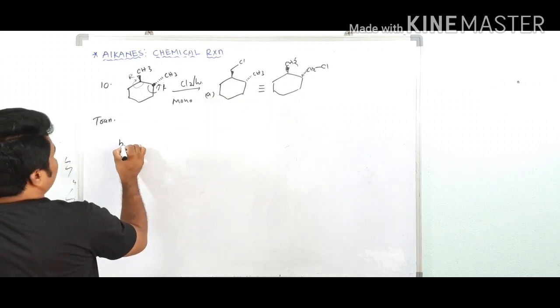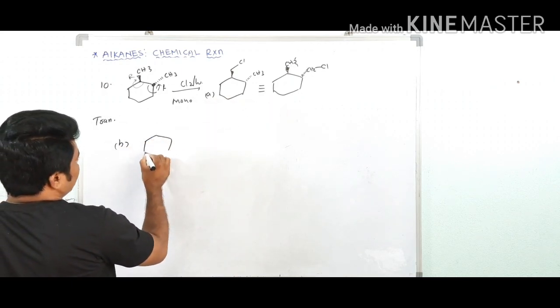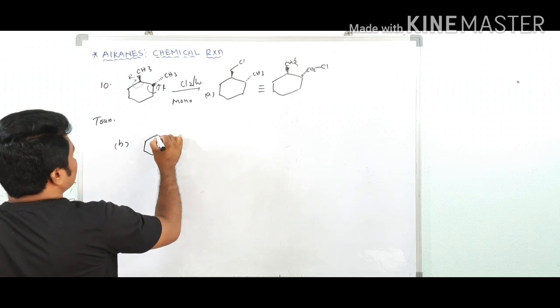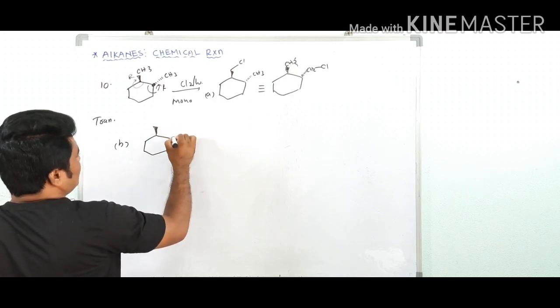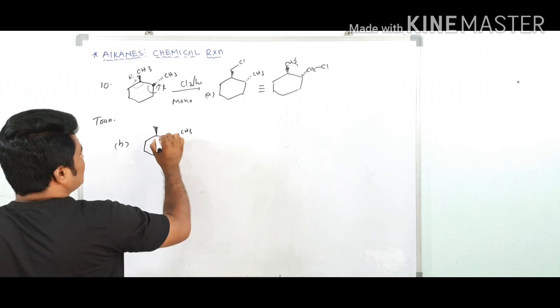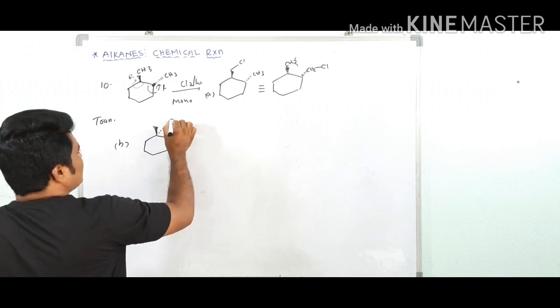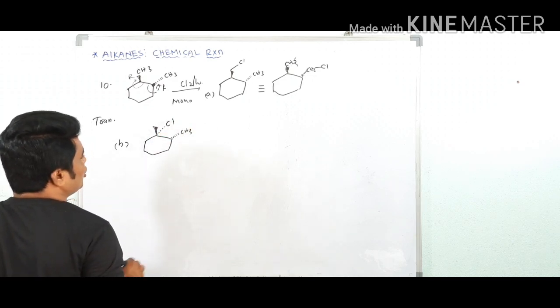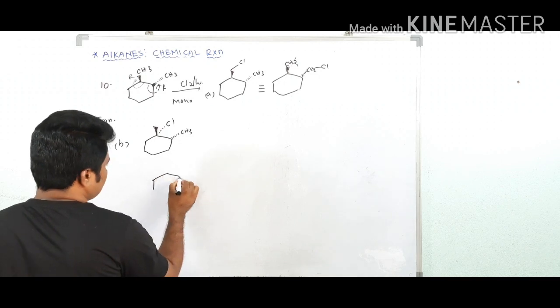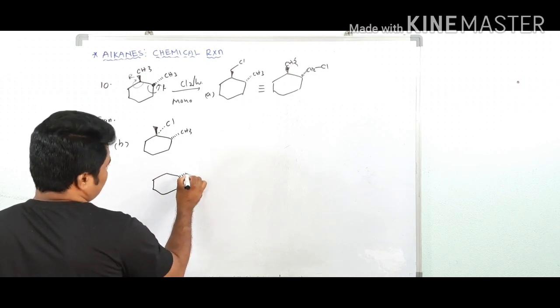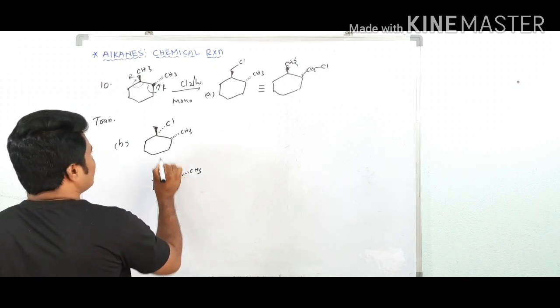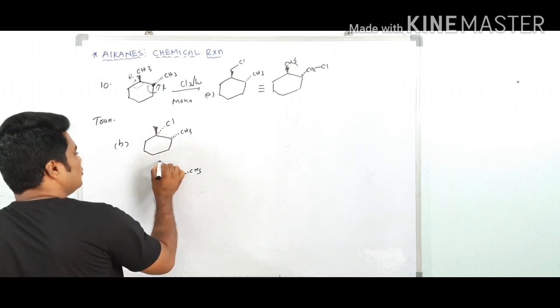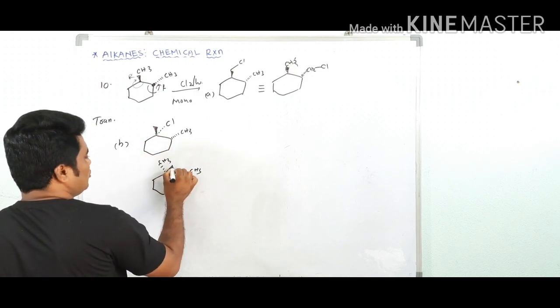See here B. In the B, both carbon atoms are same, it means only one carbon atom. Here see, one you will get, one more. In this case, this does not change, and here this will change, mirror image below the plane, and Cl is above the plane.